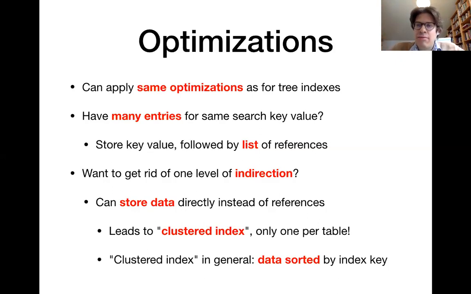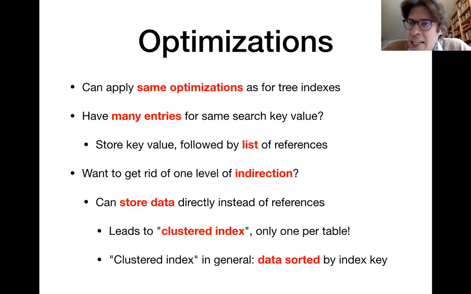So that makes retrieval more efficient because you save one lookup, and also you are guaranteed that the data with the same index search key is stored close together. Otherwise, the references might actually point to very different areas of your data set.